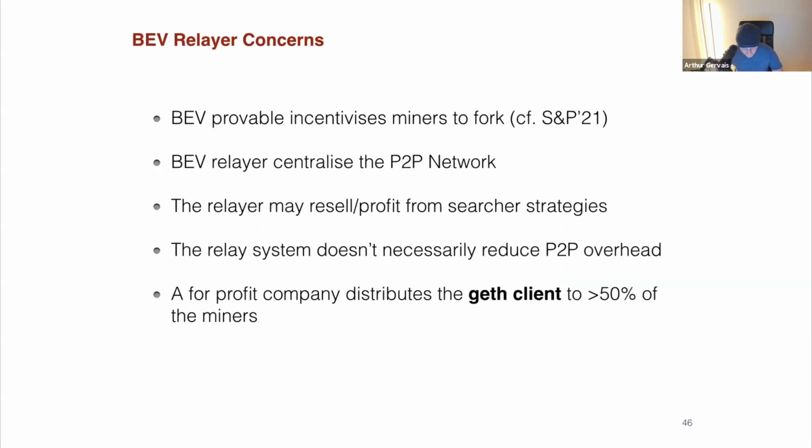Some of the concerns that were raised in the community are the following with these blockchain extractable value relayers. BEV actually provably incentivizes miners to fork the chain.